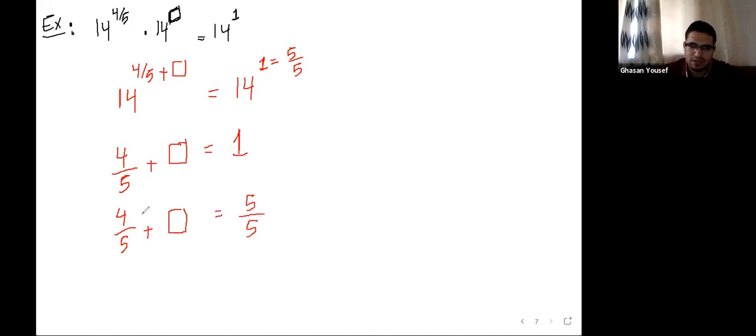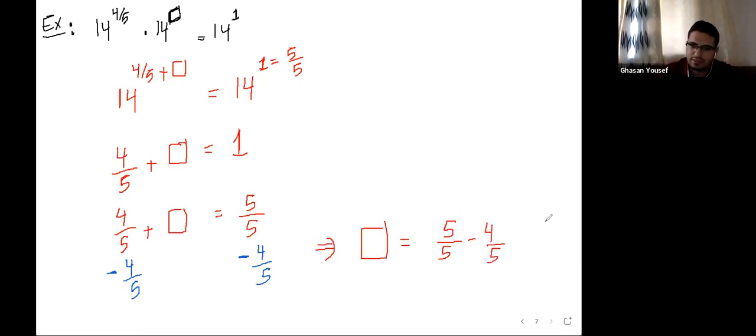So I have to subtract 4 over 5 from both sides. So I'm going to get this box equals 5 over 5 minus 4 over 5. And this gives me 1 over 5. So inside the box, I should put 1 over 5.